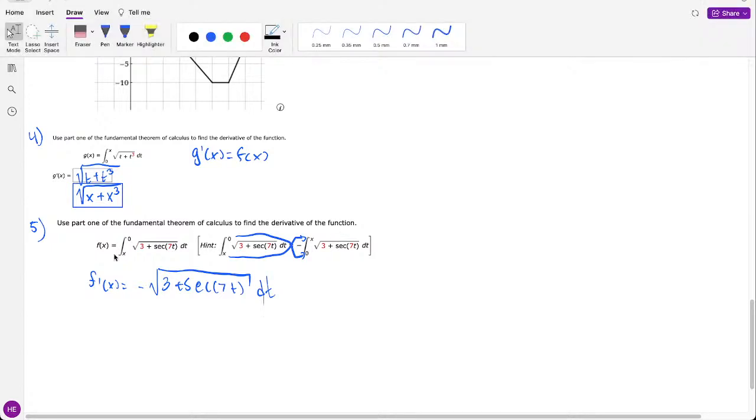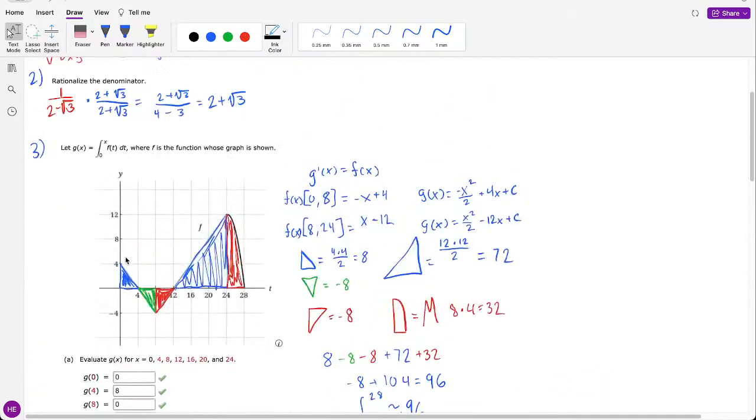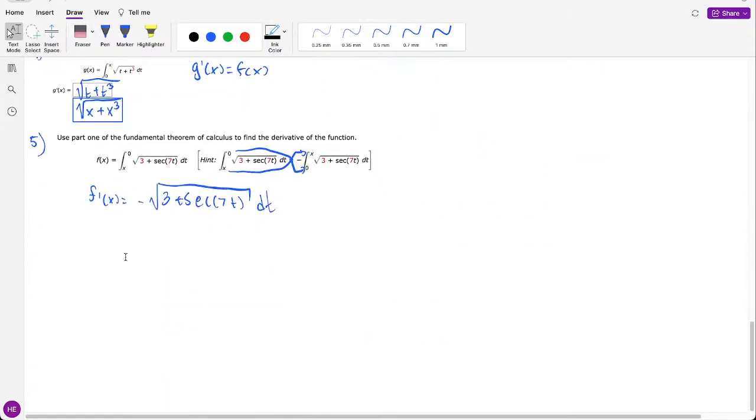Is it because x is first? I think it's something about that because all of our other ones have been x on the top. So that's my reasoning for now. Okay, so negative square root of 3 plus secant of 7x.